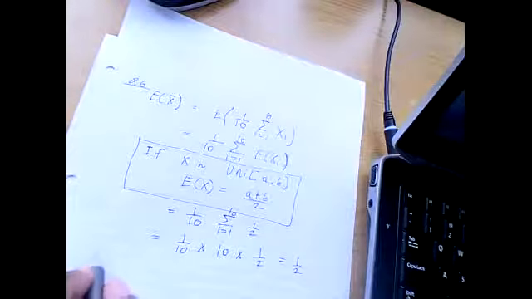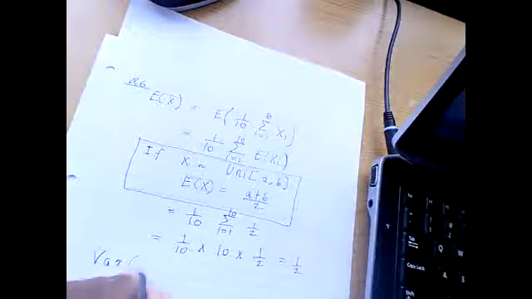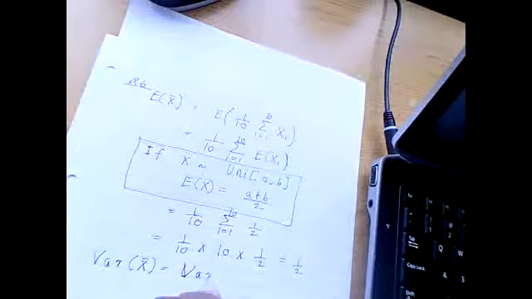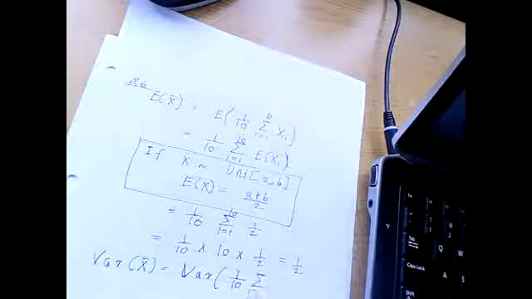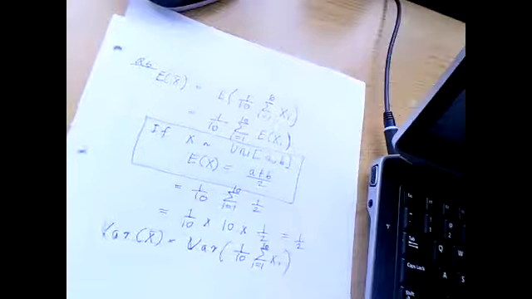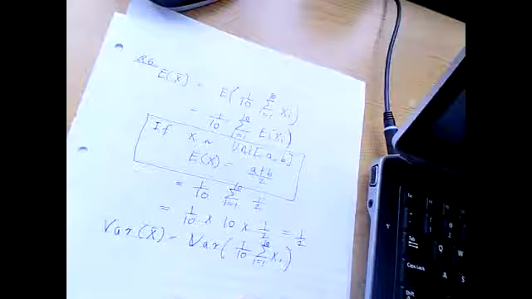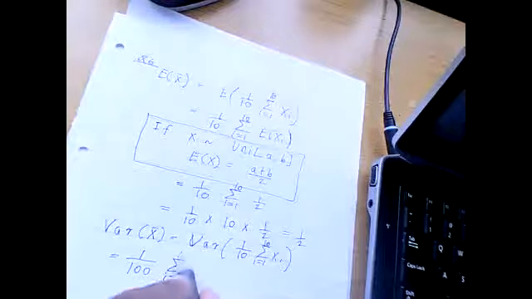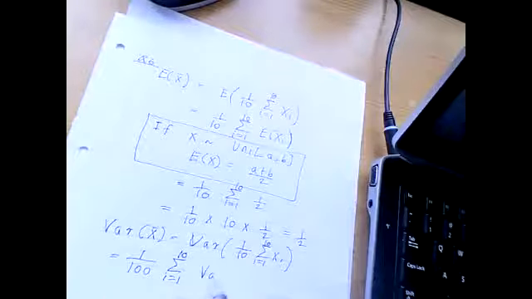The second part is to find the variance of x bar. Now you take the variance inside. When you take the variance inside, you need to square the constant. So this becomes 1 over 100 times the sum of the variance of xi.